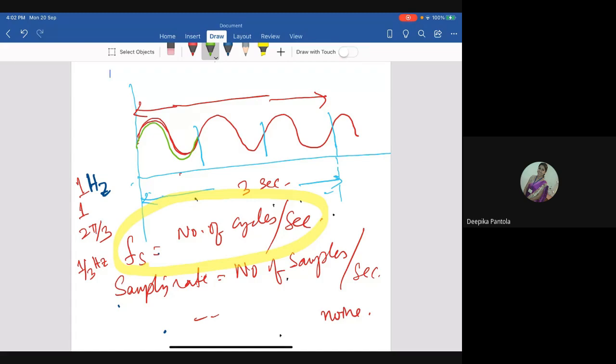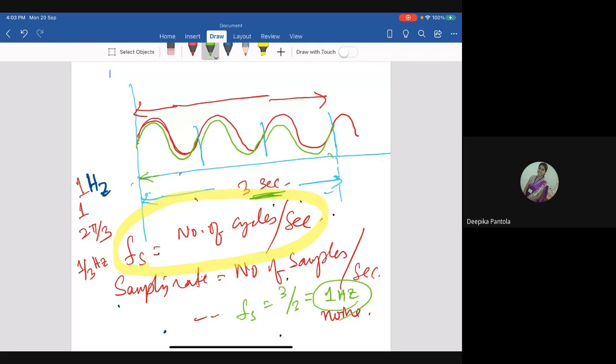First one cycle, then again one cycle, 2 cycles done, then again 3 cycles. So how much time did it take to complete these 3 cycles? Already I have written 3 seconds. That means sampling frequency is equal to 3 cycles by 3 seconds. That means 1 hertz. Very clear, simple, right? So this is called 1 hertz.